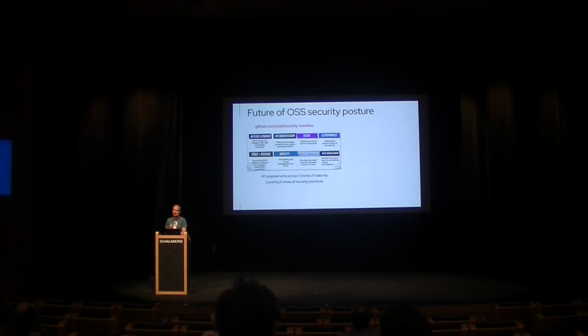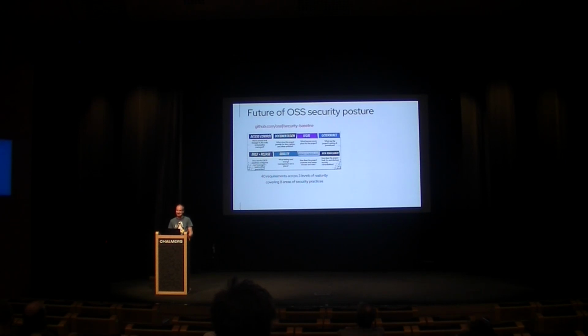This is the project called Security Baseline, which is a set of good security practices that could be implemented in a repo. They are not necessarily all technical, as opposed to OpenSSF Scorecard, where you have really technical questions that can be checked automatically, for example whether the project has signatures, whether it has releases, whether it handles vulnerabilities, and so on.